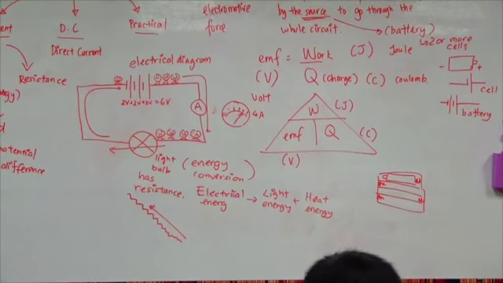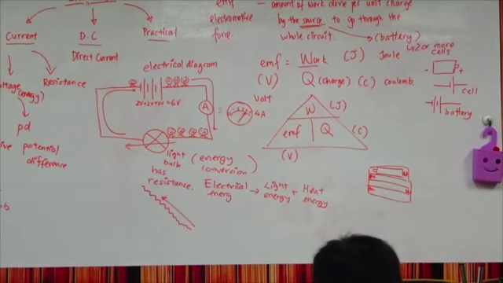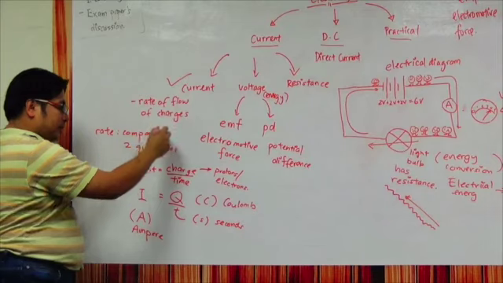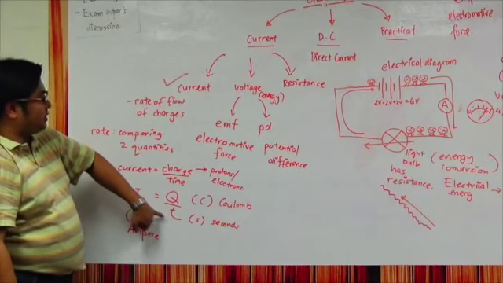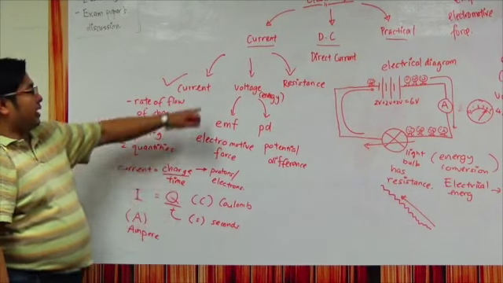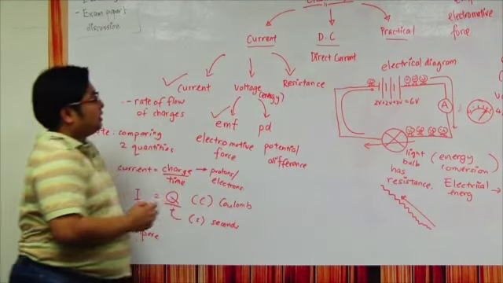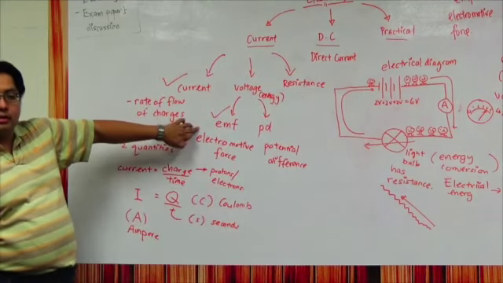So I have covered current. What is current? It's the rate of flow of charges. And what is the formula? I equals Q over T. And we covered half of the definition of voltage, that is EMF. And what is EMF? Electromotive force.